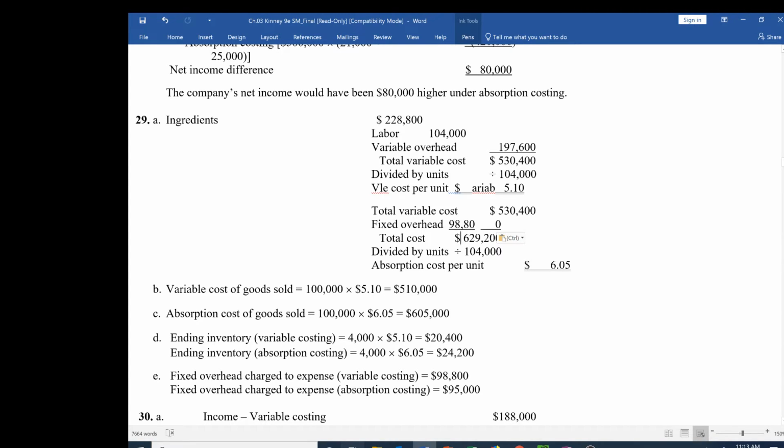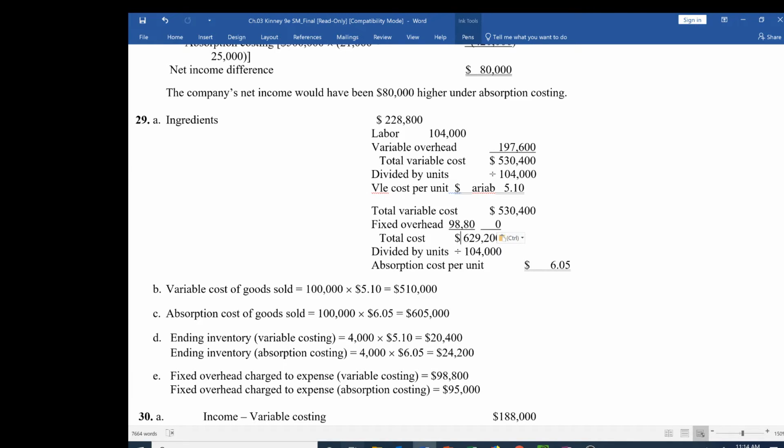Which method would be better here for taxes? B or C? All right, let's say your sales was $1 million. How much would you pay taxes on here? Let's say gross profit, you had no other expenses. What would your gross profit be here? $1 million minus 510 would be what? $490.